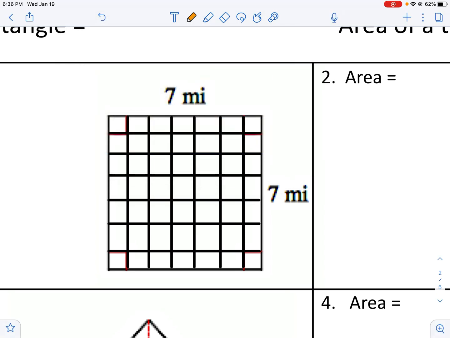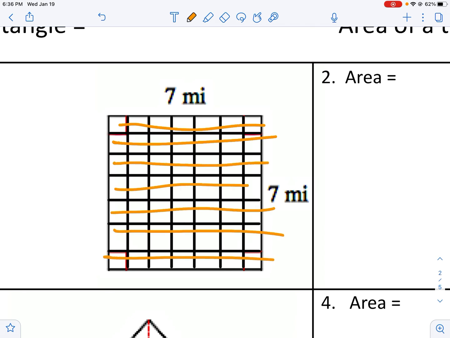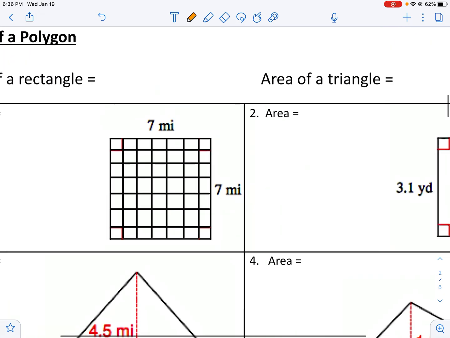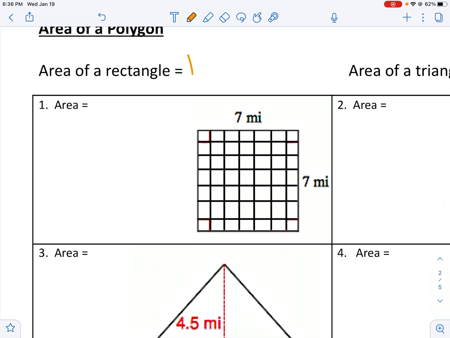If you have 7 rows and 7 columns, you would get 7, 14, 21, 28, 35, 42, 49 total boxes. You would have to multiply the length times the width, or the base times the height. So this would be 49 square miles.